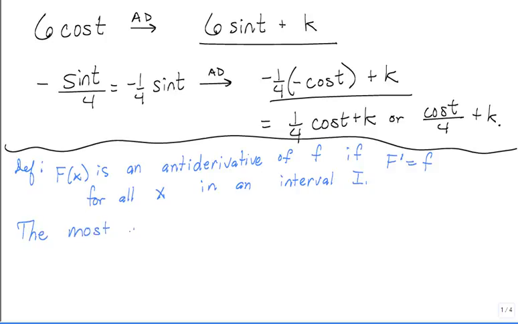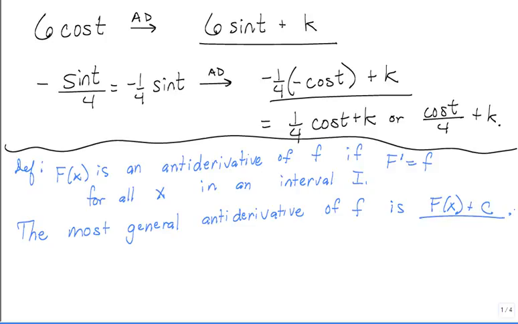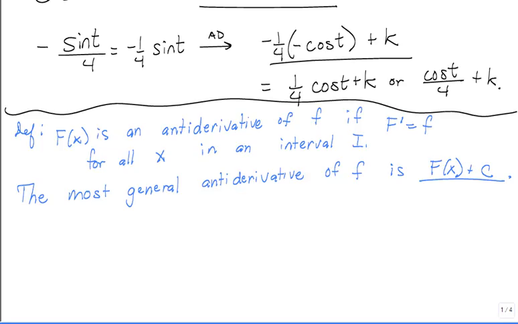The most general antiderivative, which is what we're looking for, of f is F of x plus a constant. Okay, so you can't forget to add that constant because the derivative of a constant is 0.